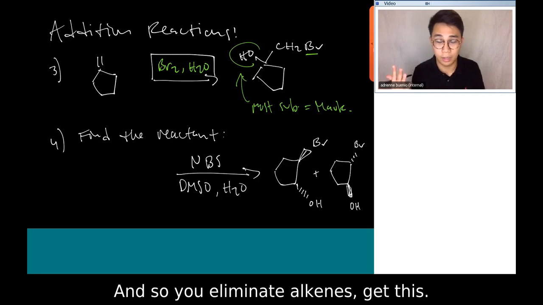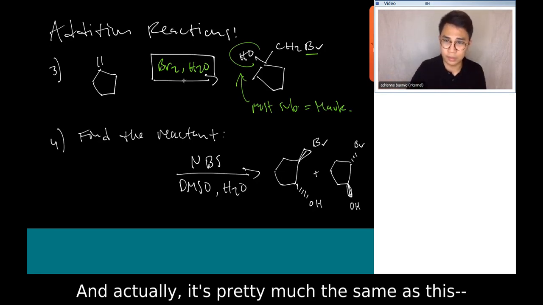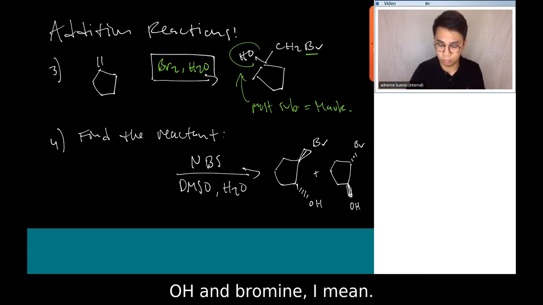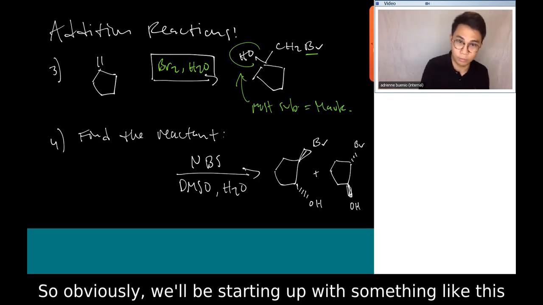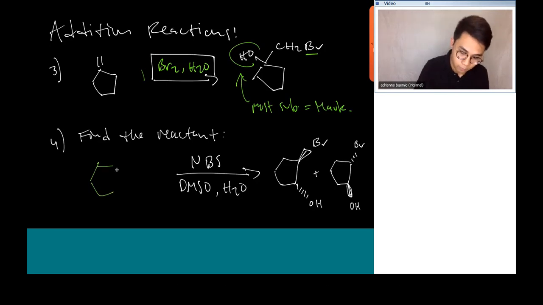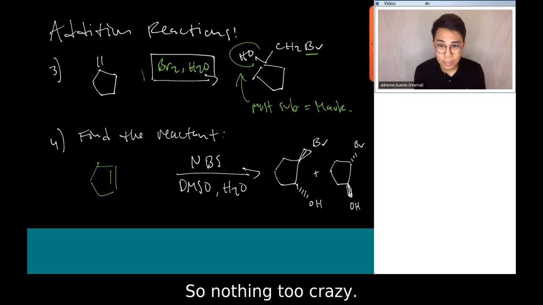And to eliminate alkenes, get this, and actually it's pretty much the same as this, OH and H2O, right? OH and bromine, I mean. Yeah, they are the same. I just realized that. So they are the same, right? So obviously we'll be starting out with something like this, but this time with a cyclopentene, right? So nothing too crazy.